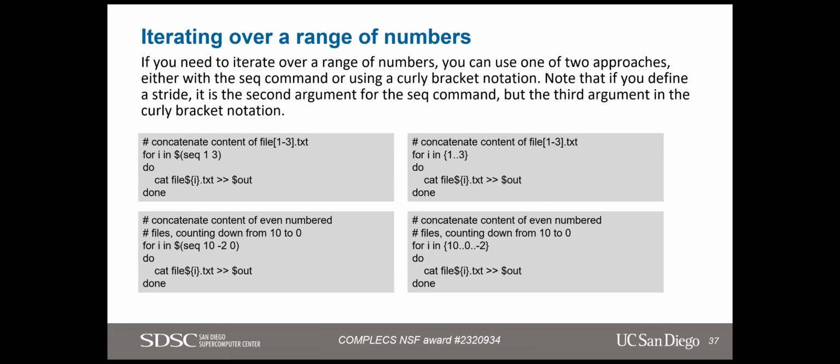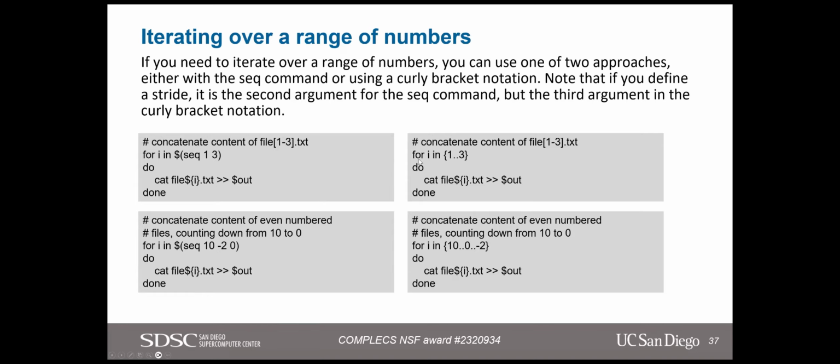For the simple example, using seq, we just want for i in seq 1 3, and this will cat the contents of file1, 2, 3 and concatenate them into the output file.